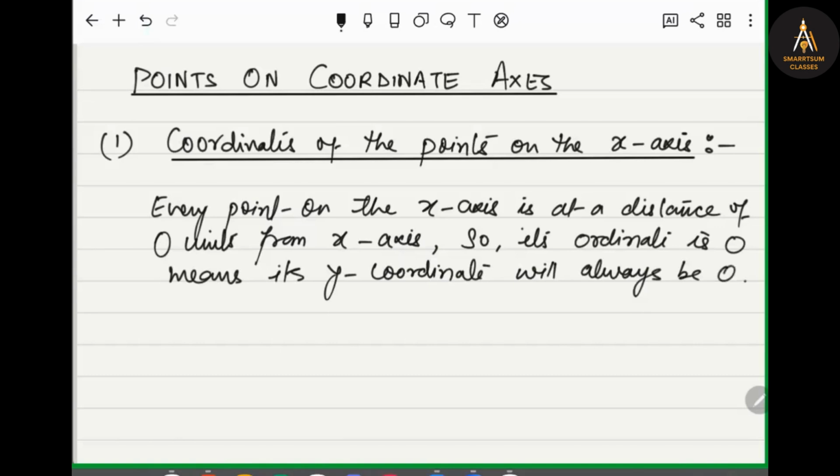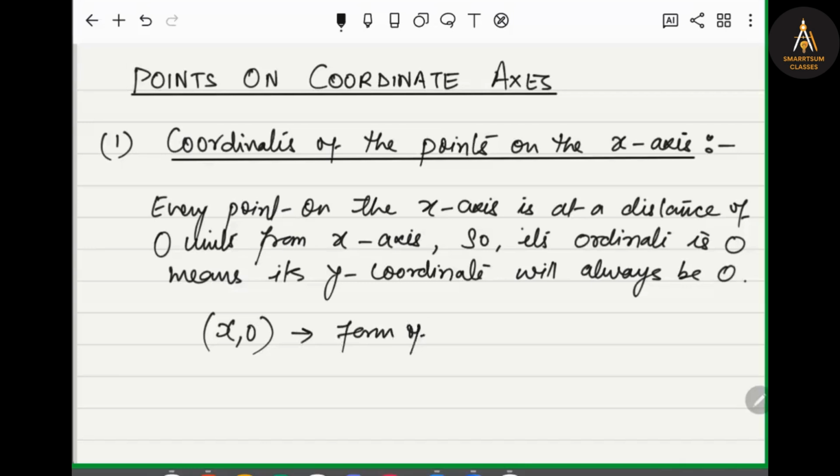Okay, so if there is a point which is lying on the x-axis, the value for the y coordinate will always be 0, right? So the coordinate of every point on the x-axis is of the form x comma 0, right?